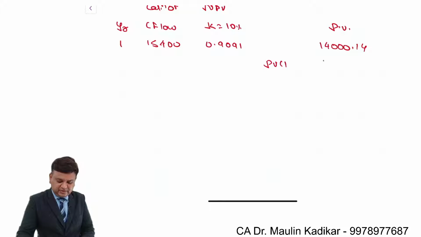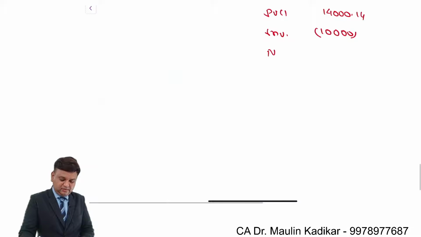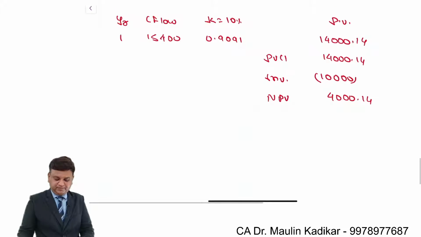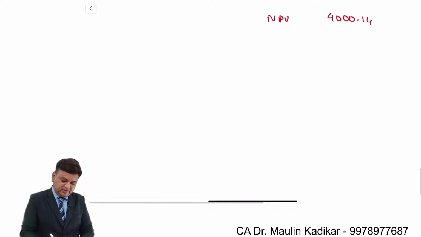This is the present value of cash inflow. From that, investment of 10,000 is deducted and we find NPV. NPV of the project is 4,000.14.